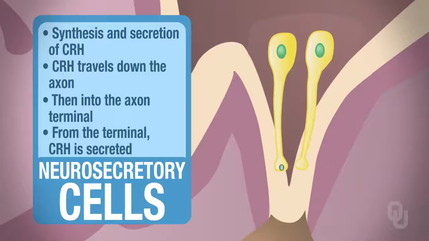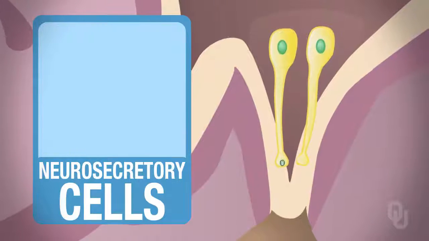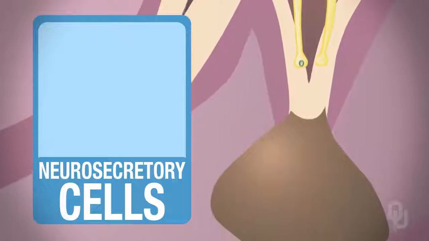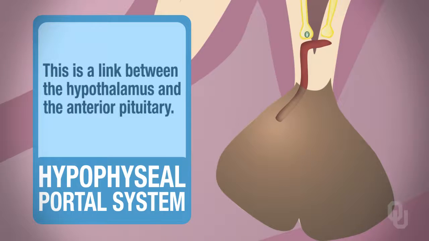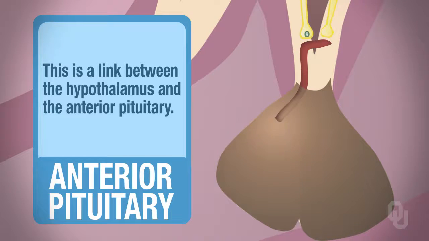So once CRH reaches the axon terminal, it is secreted. When CRH is secreted, it will move into what's called the hypophyseal portal system. This is a link or a bridge between the hypothalamus and the anterior pituitary.